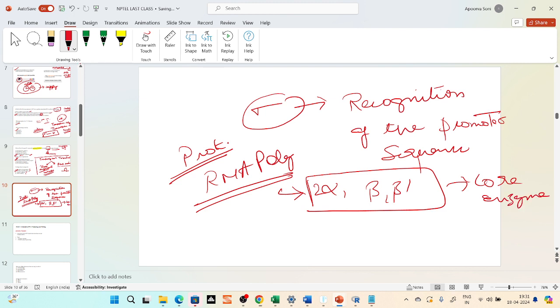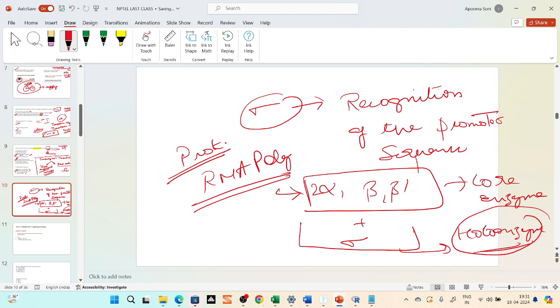And along with this, when sigma factor comes, this becomes the holoenzyme. And this holoenzyme goes to the promoter sequence. The sigma factor of this holoenzyme is responsible for the recognition of the promoter region.